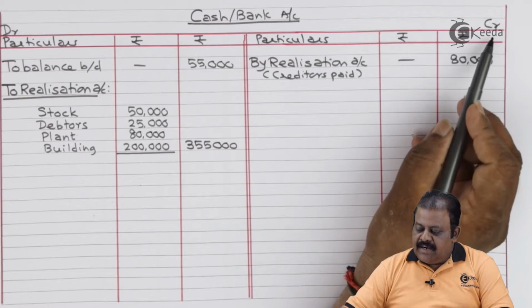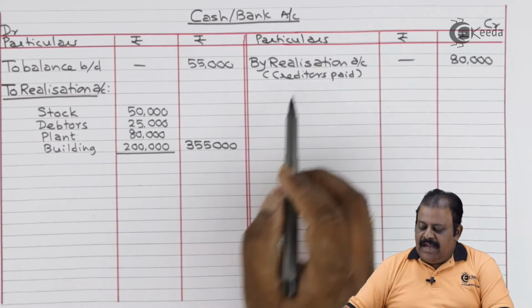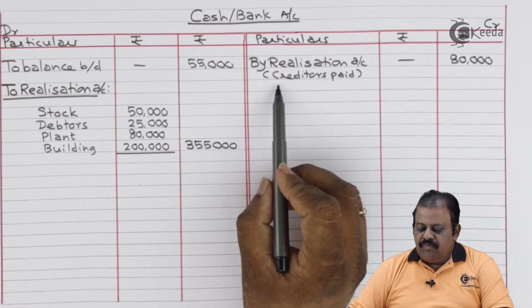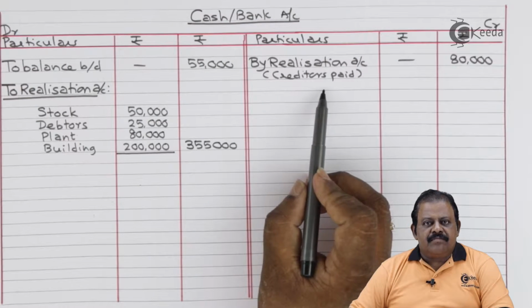Cash bank account credit side by realization account 80,000 for creditors paid.